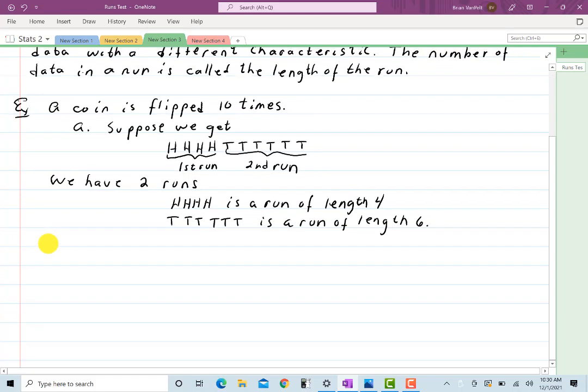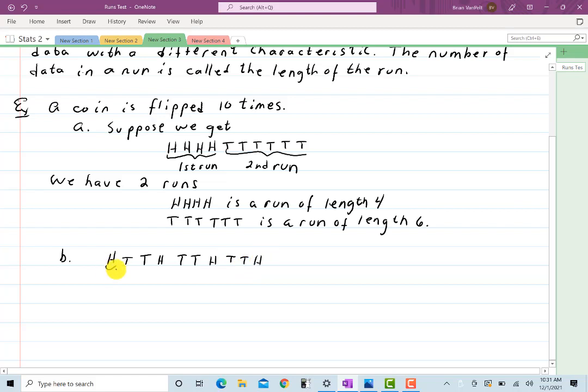Now instead of what we got there, let's suppose we flip and we get the following. Suppose I get H, T, T, H, T, T, H, T, T, H. Let me make sure that's a total of 10. And so we have a bunch of runs here.